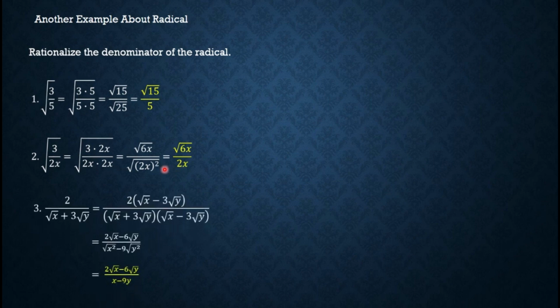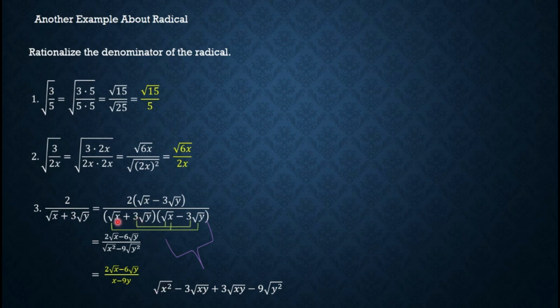Another problem: 2 over the square root of x plus 3 square root of y. To rationalize the denominator, we need its conjugate. The conjugate is the square root of x minus 3 square root of y, and we multiply the numerator and denominator by it. Square root of x times square root of x is equal to x.